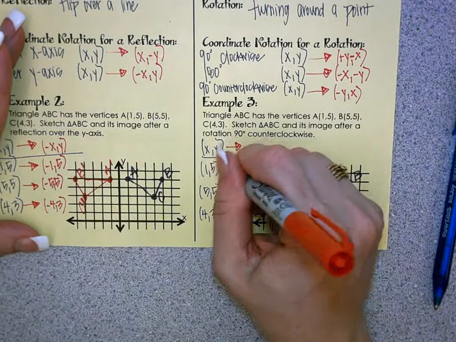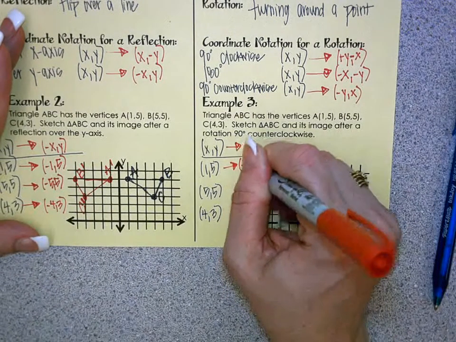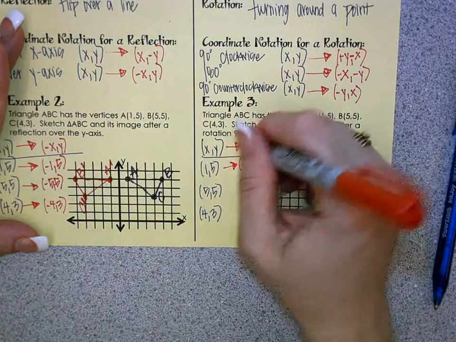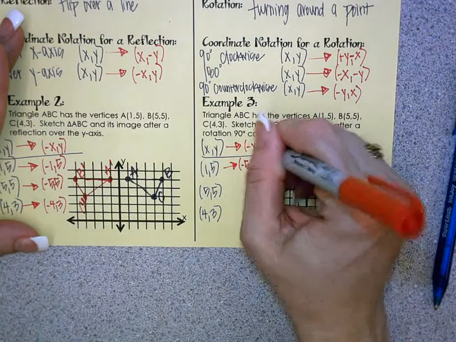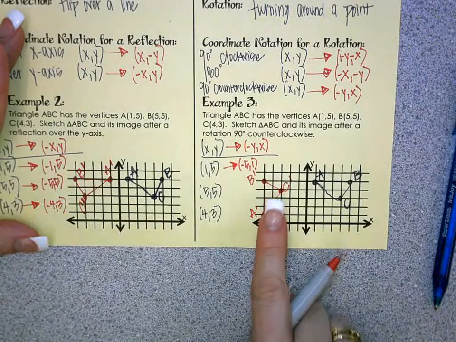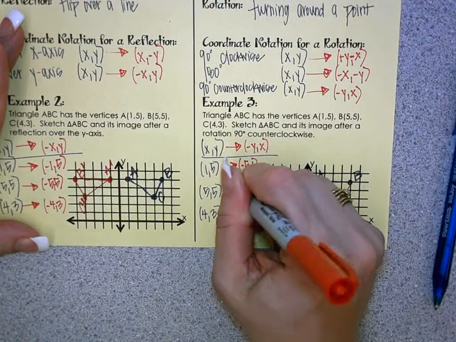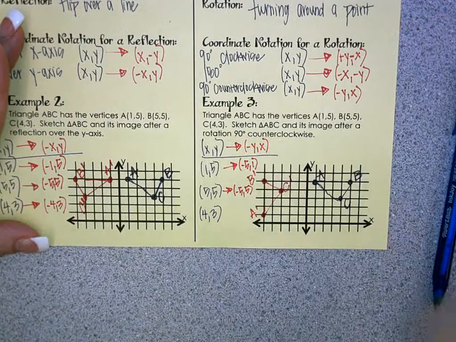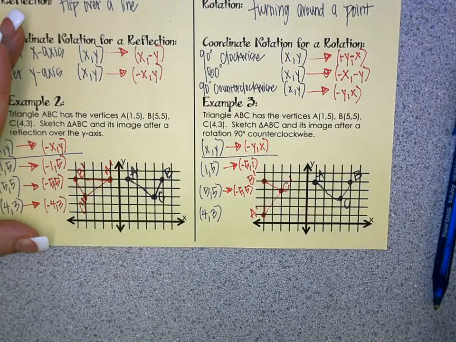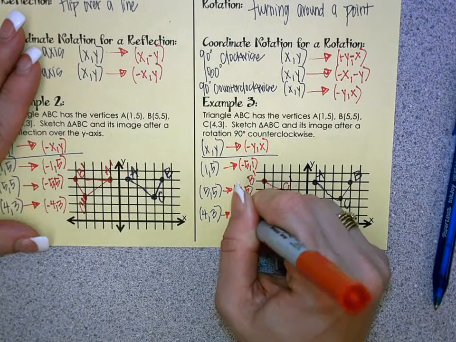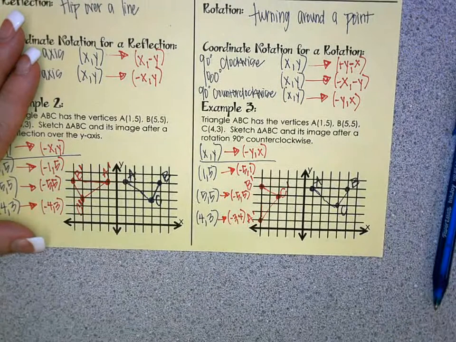So this turns to be negative 5, up 1. What is my new B location? Negative 5, up 5. And what's my new C location? That's fantastic. Negative 3, up 4.